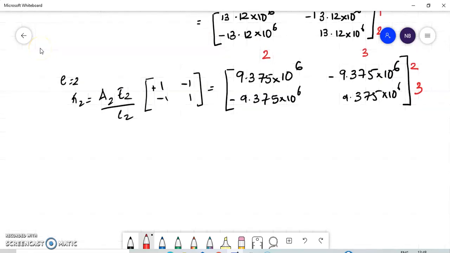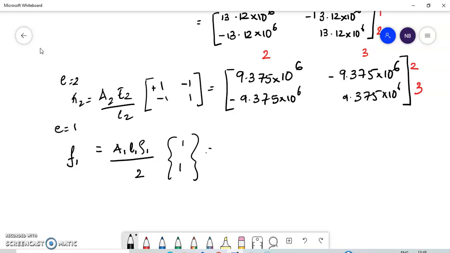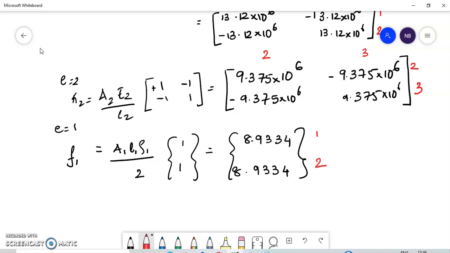Same way, we have to find out the force vectors. So for element 1, due to the self weight, rho indicates the density. Putting in these values, we get the following, and the degrees of freedom of element 1 are 1, 2.